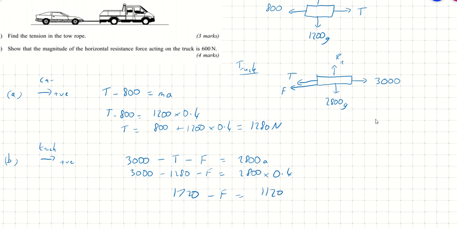So rearrange this equation: F equals 1720 minus 1120, which is 600 newtons, which was indeed the required answer in the question. So we're quite happy with how that went.